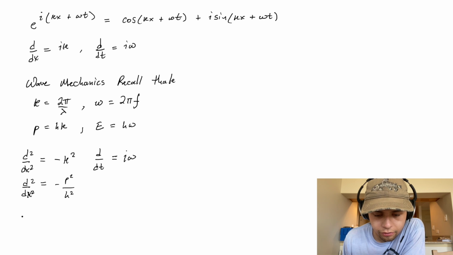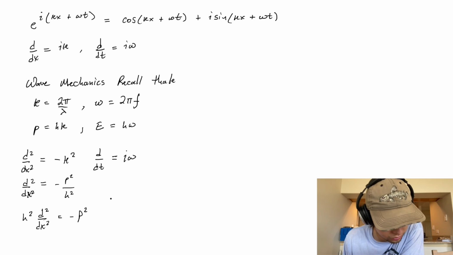If we multiply both sides by h bar, we can get h bar squared d squared dx squared is equal to negative p squared, like this.